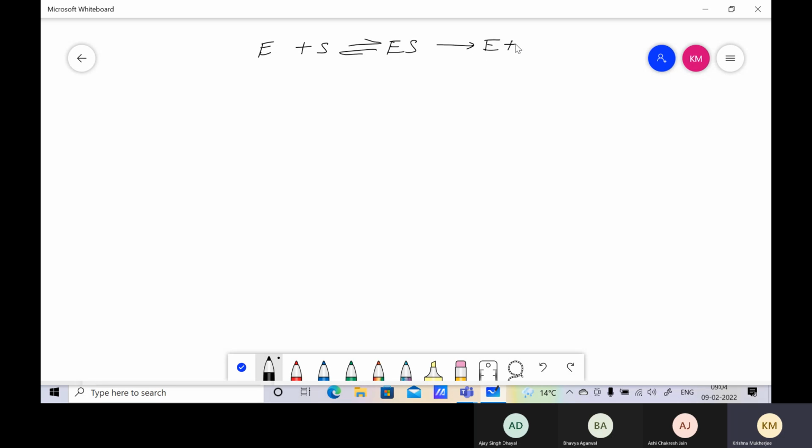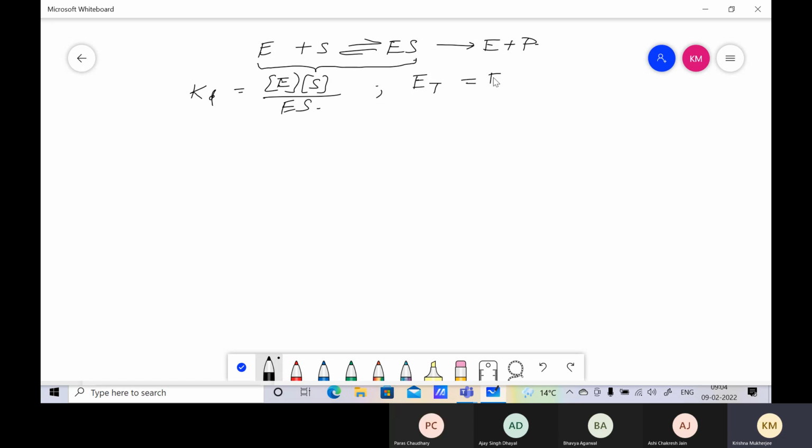If I do just this part and use the concept of fractional saturation, then I have a very easy formulation: Kd, the dissociation constant, is equal to E into S upon ES. Using this and the principle of the total enzyme being partitioned into two groups, E plus ES, we can then derive the basic functions.